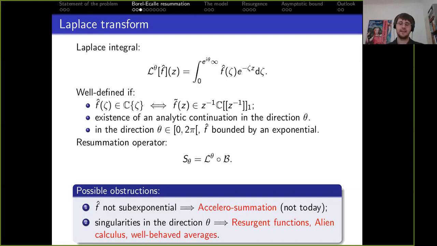And then Ecalle developed a concept for those functions that admit isolated singularities. He calls them resurgent functions, and the whole calculus to deal with those singularities, the alien calculus, but also a notion on how to avoid those singularities via well-behaved averages. So that's what I want to talk about now.